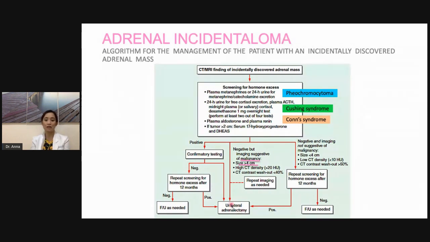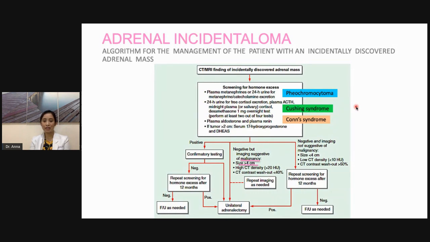But of course, before doing a unilateral adrenalectomy, it's important to screen for this first, because your patient can have a hypertensive crisis in the middle of surgery or prior to induction, even during induction of anesthesia.